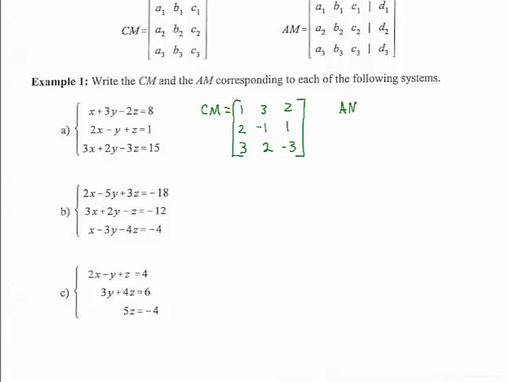For the augmented matrix, we have a 3 by 4 matrix. We simply copy the coefficient matrix for the first three columns, and then for the fourth column we insert the constants 8, 1, and 15.